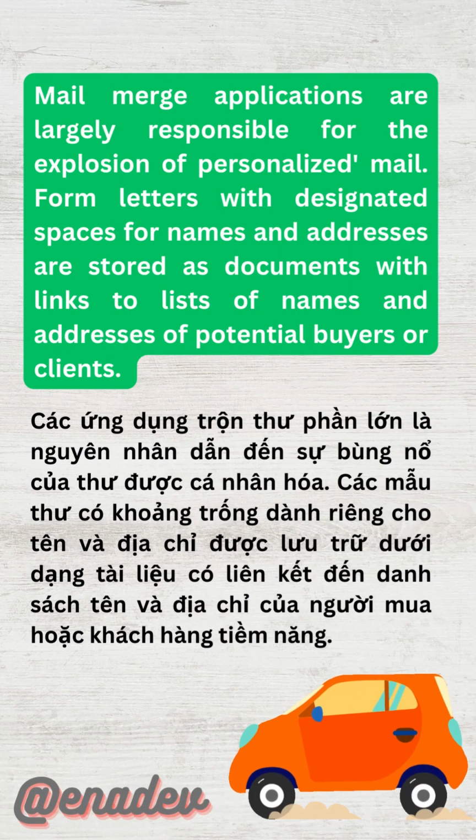Mail merge applications are largely responsible for the explosion of personalized mail. Form letters with designated spaces for names and addresses are stored as documents with links to lists of names and addresses of potential buyers or clients.